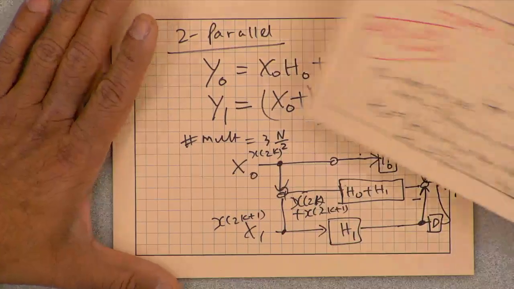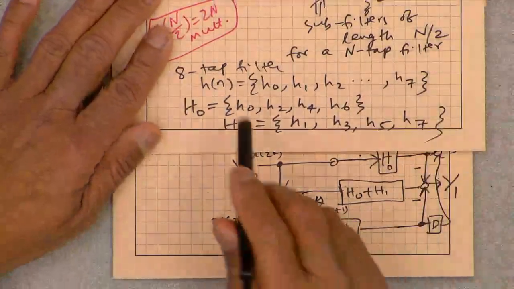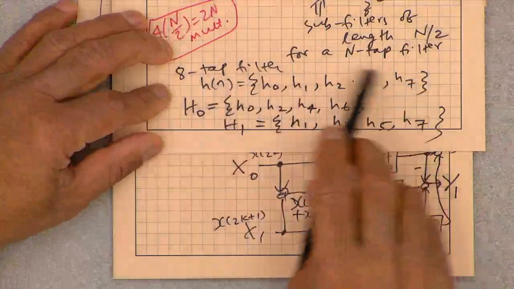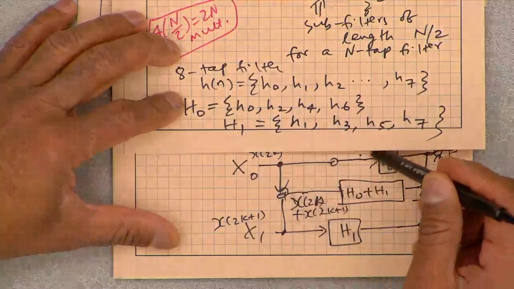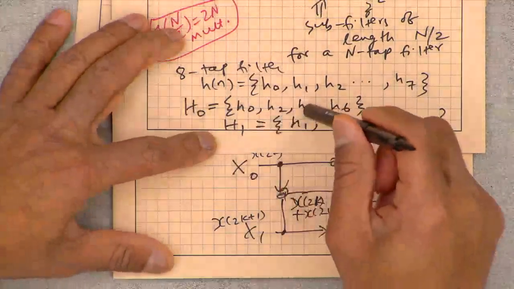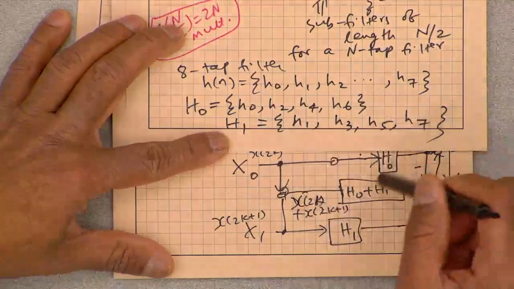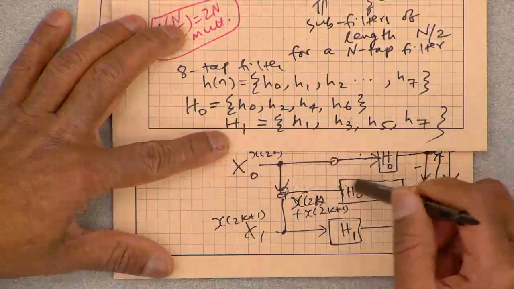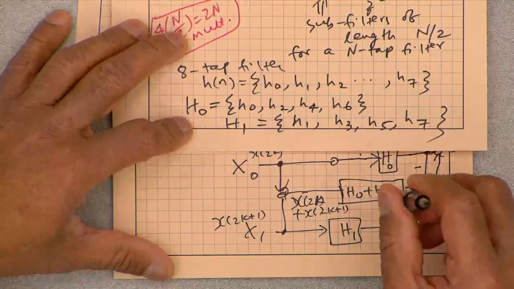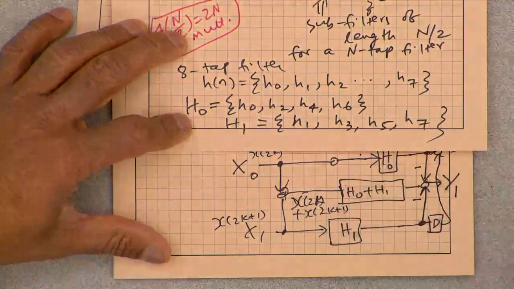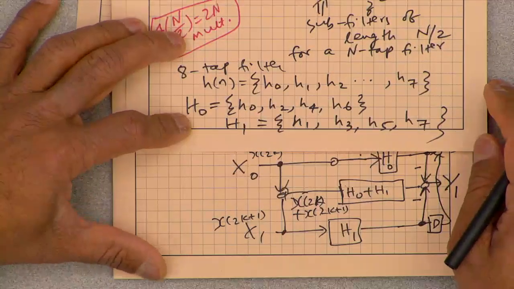Now what exactly are these subfilters? If the filter was an 8 tap example, just like here, this is the even: h0, h2, h4, h6, etc. This is the odd: 1, 3, 5, 7. Now what exactly is this h0 plus h1? That is the term by term summation.